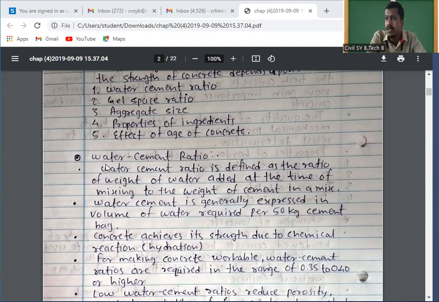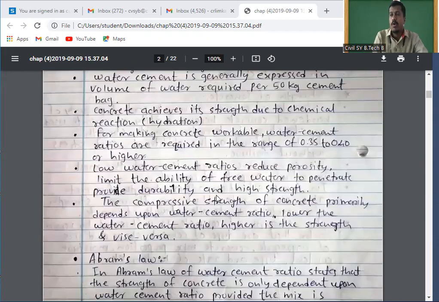Concrete achieves its strength due to a chemical reaction that everyone knows, the heat of hydration process. So your water to cement ratio will make a big impact in gaining the strength. If you use the water to cement ratio as per your mix design calculation, then definitely you will get more strength.